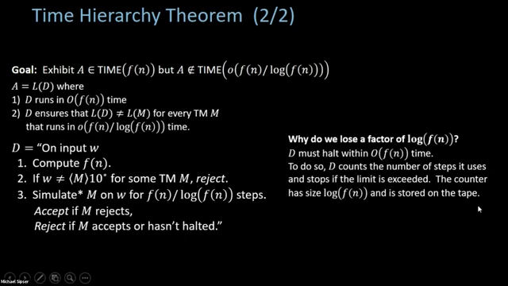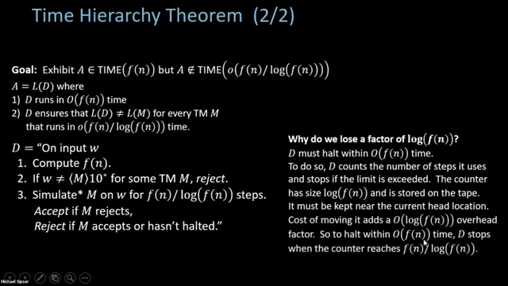And because you have to run for a certain amount of time, and keep the counter nearby, the counter can be pretty big, and so that's going to cost you a log factor of simulation cost to move that counter around all the time. And so that's why you have to run for only a log factor less, so that you can actually finish within f of n time as you're required to do.